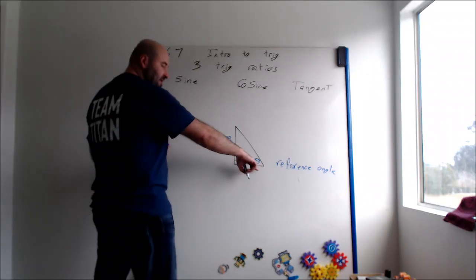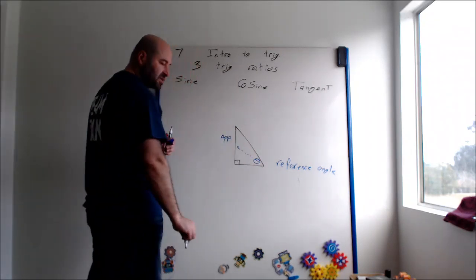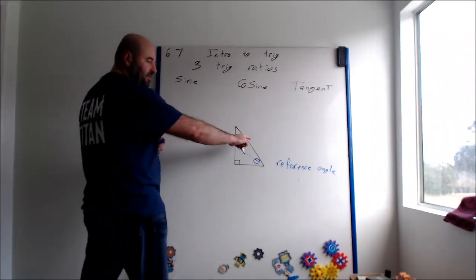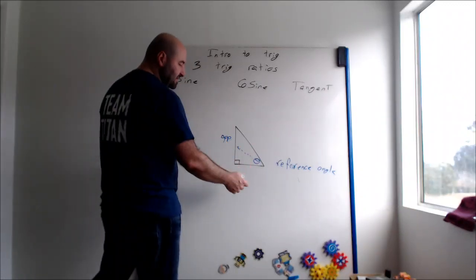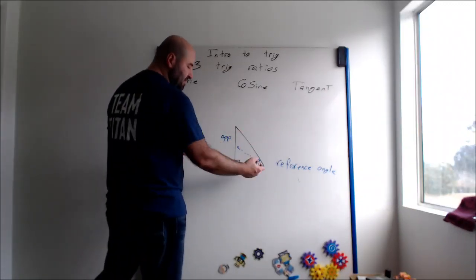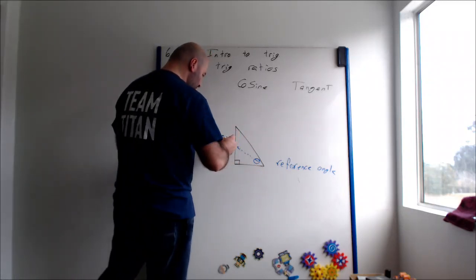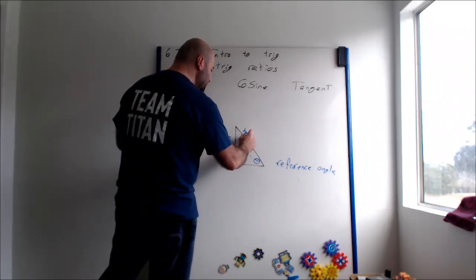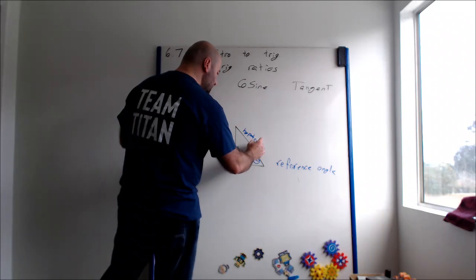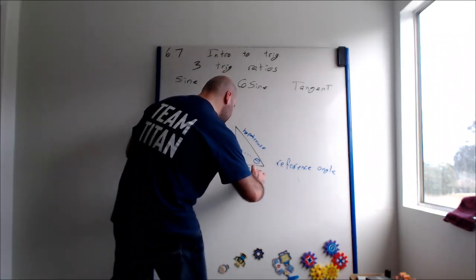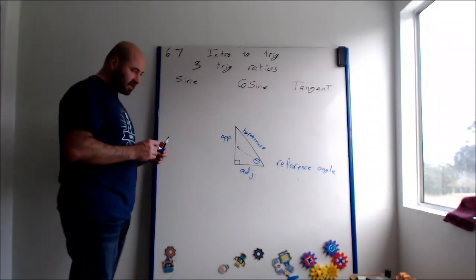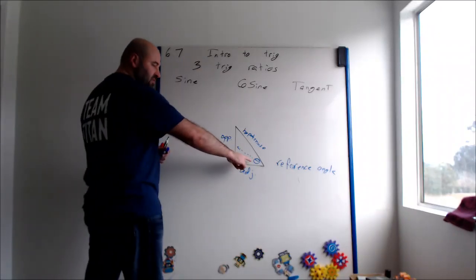The side that it's touching, the leg that it's touching, okay? It's always going to be touching the hypotenuse, but that's easy to tell which one is the hypotenuse. The hypotenuse is always the longest leg. So this is the hypotenuse, and then this is the side that is adjacent to that angle.